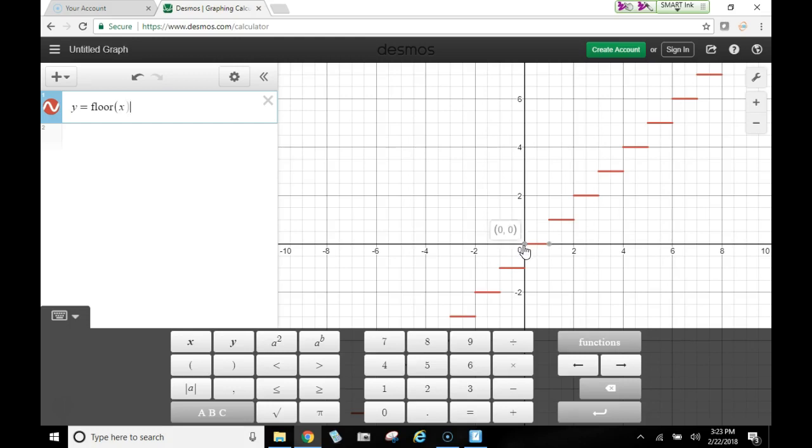Also, if you're going to graph this, you should have a closed circle here and an open circle here. If you just graph it like this, I would count it wrong. Because if you think that this point is defined, and so is this point defined, that's incorrect because that would not be a function. It fails the vertical line test.